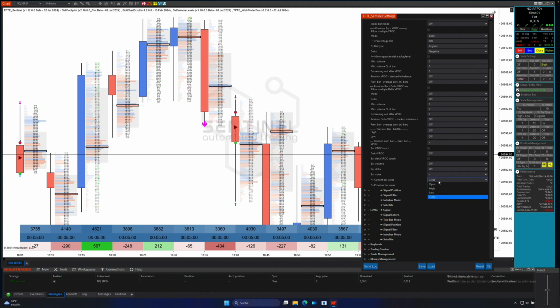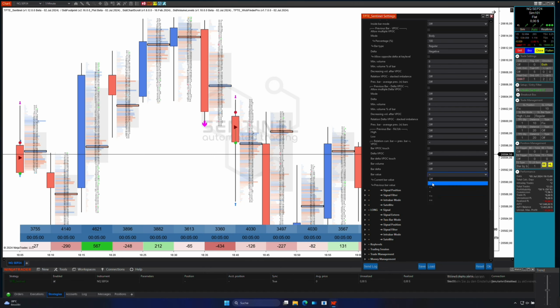For example, the current bar value can be the open, and the open here, for example, should be higher than the close of the previous one, which are usually the same. But I can also say that here via the high. I can also say here that the high, this one here, may no longer have broken the previous one.